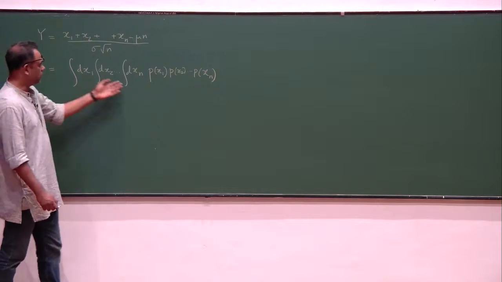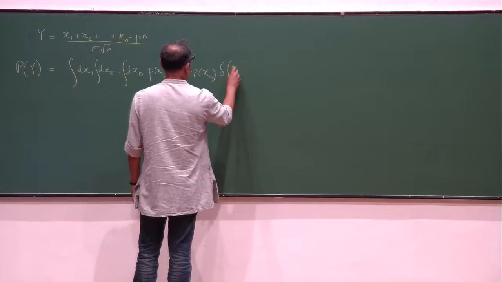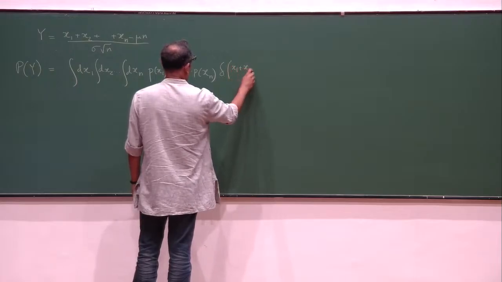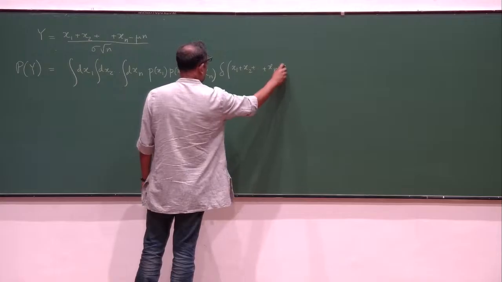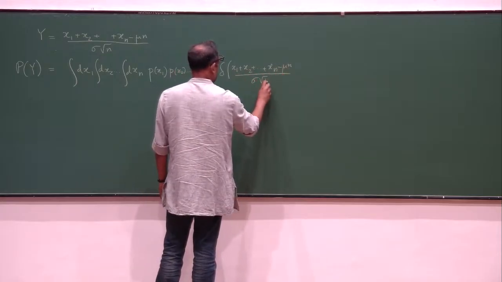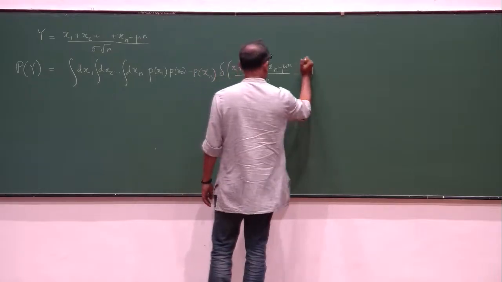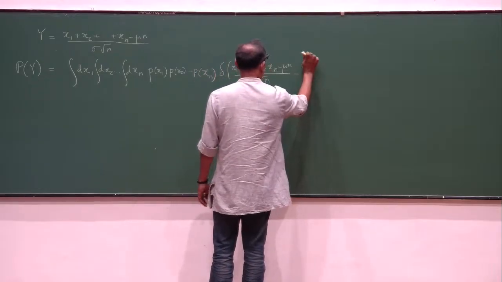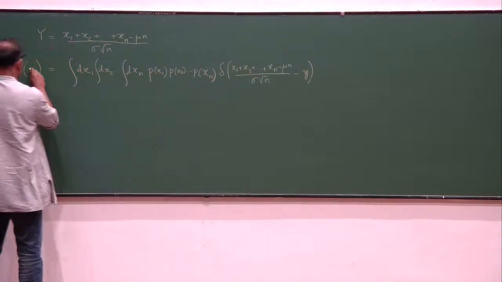So, when I do this integral, I have to put a delta function, delta of x1 minus 1. Okay, let me use small y, that is easier, small y.